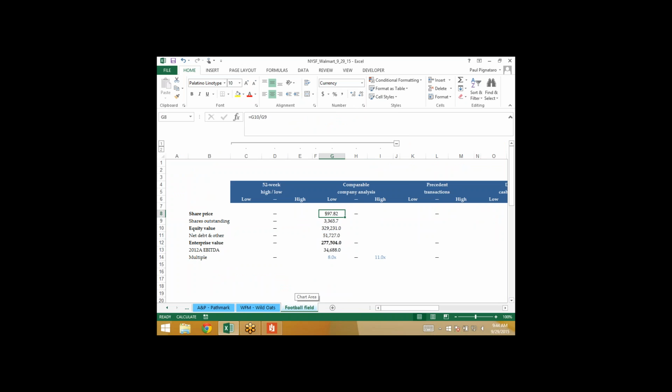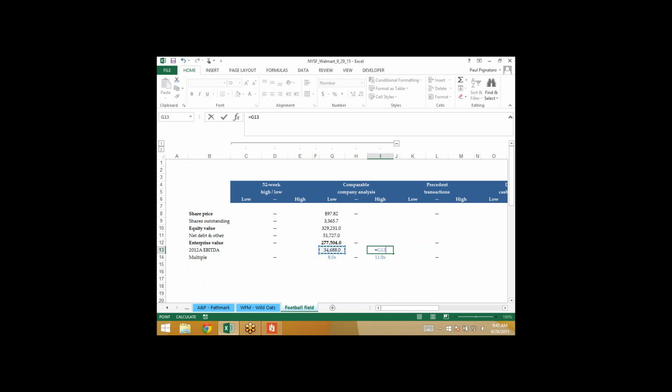And we'll do the same with the high multiple. Pull in the same EBITDA and multiply it. Say, all right, well, if Walmart's trading at 11, what would its enterprise value be? Add back the net debt, the same net debt, divide by shares, get the share price. We'll do that for every analysis that we have here. So we'll take 2012 EBITDA.